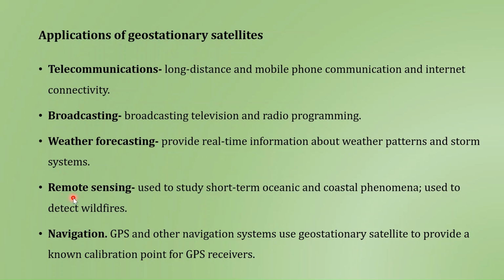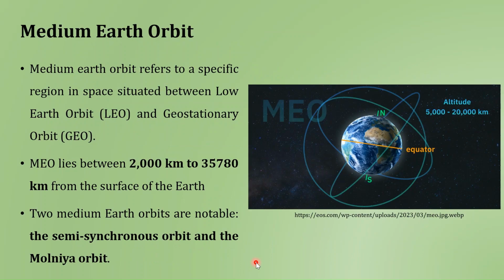They give us continuous data which can be utilized for short-term oceanic and coastal phenomena, and can be used to detect wildfires. GPS and other navigation systems use the geostationary satellite as a reference station to provide a known calibration point for the GPS receivers.